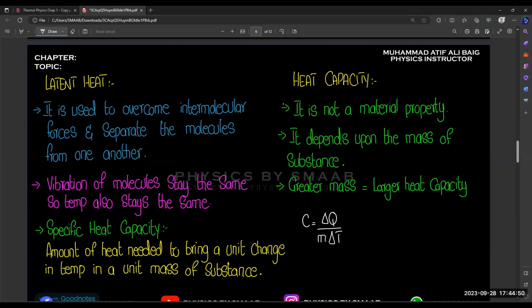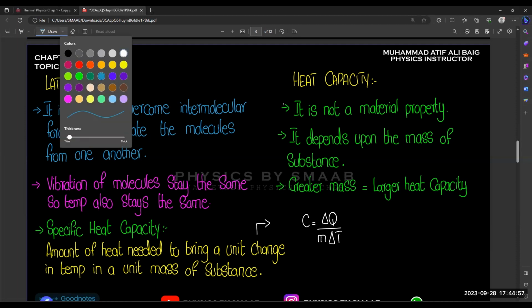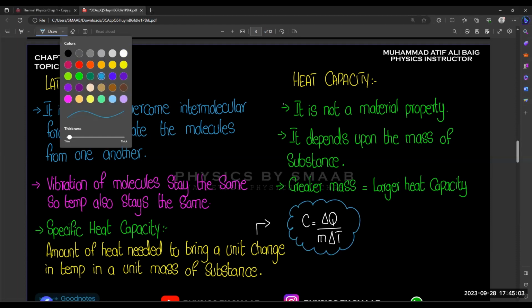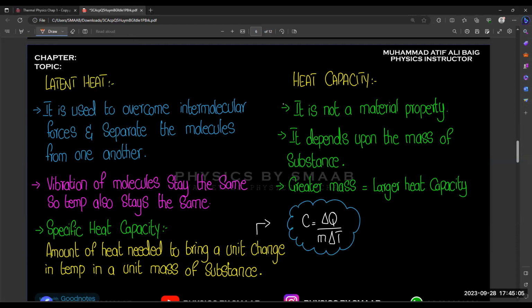This will be your formula for specific heat capacity. And for the SI unit, you can easily identify that the SI unit for specific heat capacity will be joules per kg per degree Celsius.